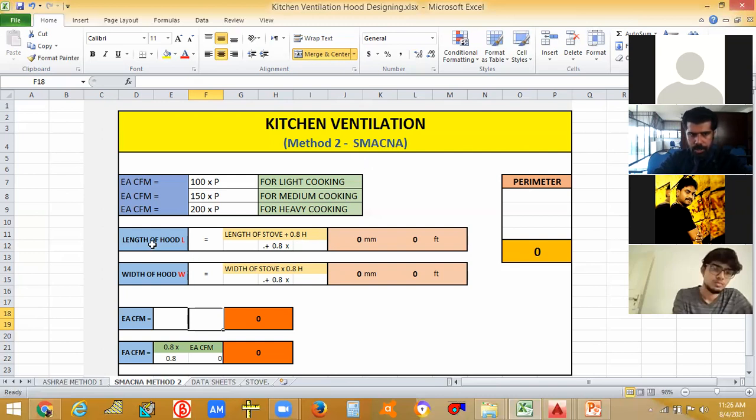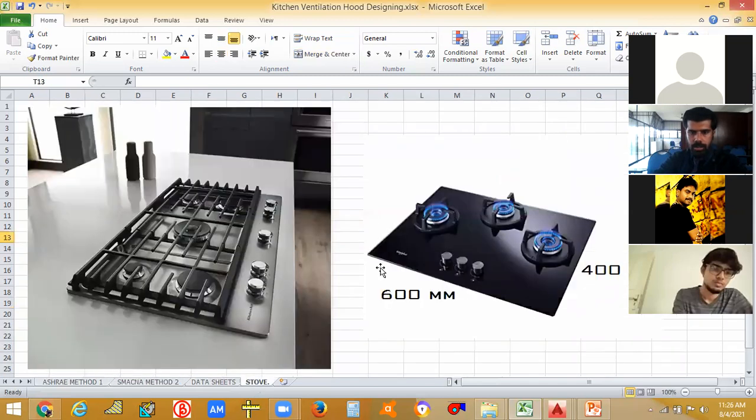So first I need to know the length of the hood. The formula is length of the stove plus 0.8 into height. Okay, so I have a stove here.